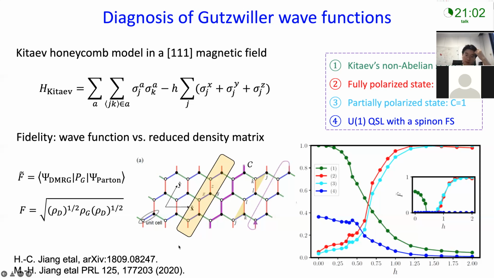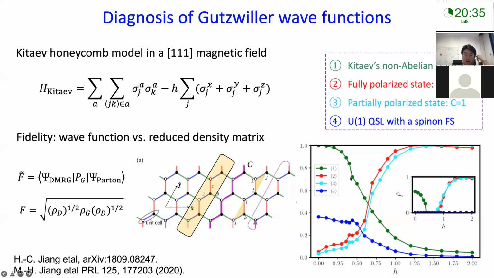So here we prepare those four Gutzwiller wave functions, and we use two quantities to quantify the quality of those four Gutzwiller wave functions. The first one is the wave function fidelity, F tilde. So we consider a wave function from a converged DMRG, and also a wave function proposal from those four.